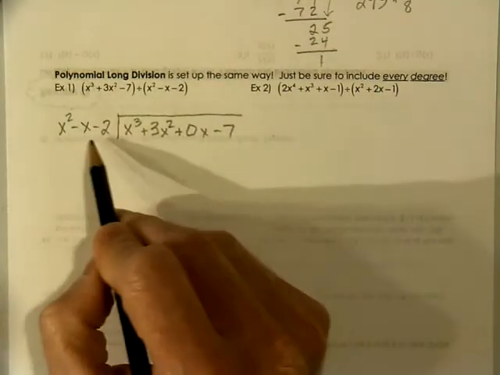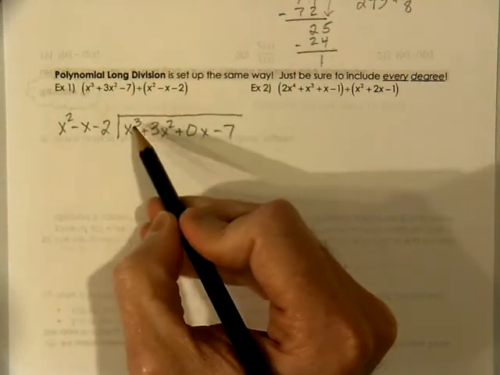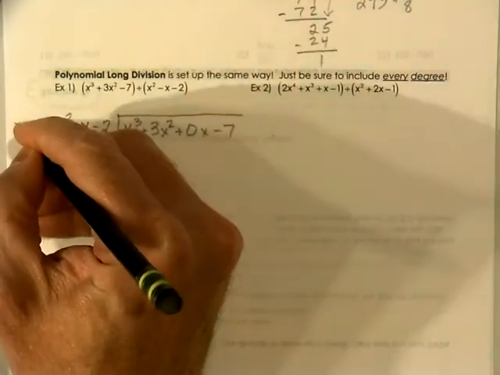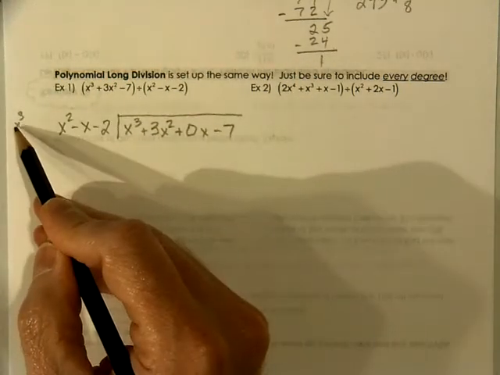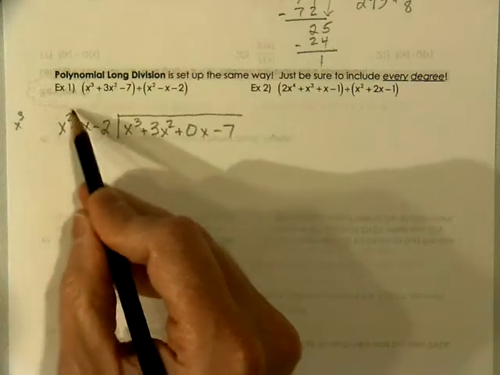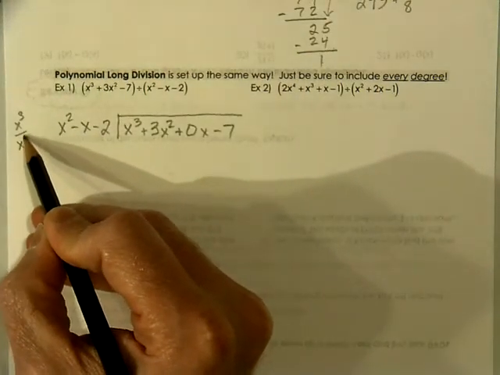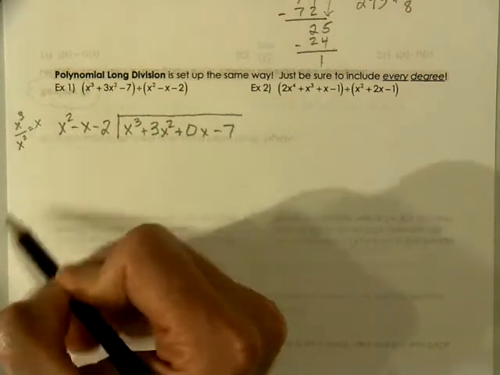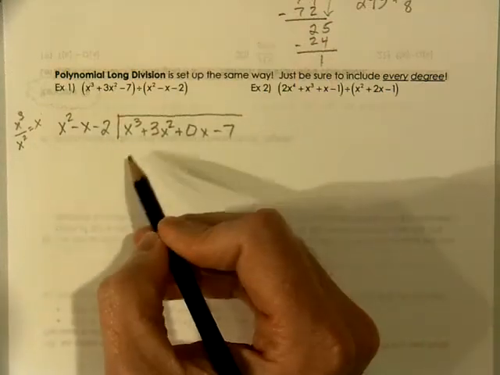Now, to help decide what this goes into, we really only look at the first terms. We're going to look at x cubed, and we're going to divide it by x squared. And that comes out to be x. 3 minus 2 is 1, so x to the first power.